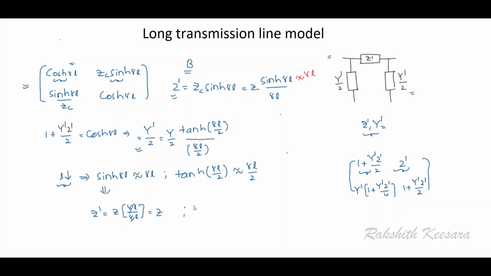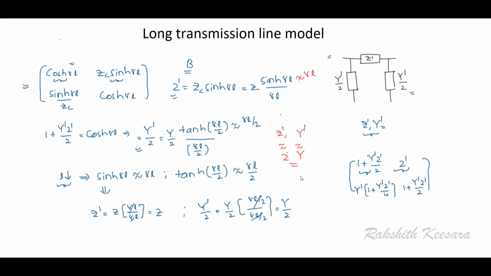And let us see what will happen to Y dash. Y dash by 2 is equal to Y by 2 into, this will be equal to γL by 2, γL by 2 by γL by 2. So this is Y by 2. If you observe here, if I decrease the length, our Z dash and Y dash are actually equal to the real impedance and admittance of the transmission line.